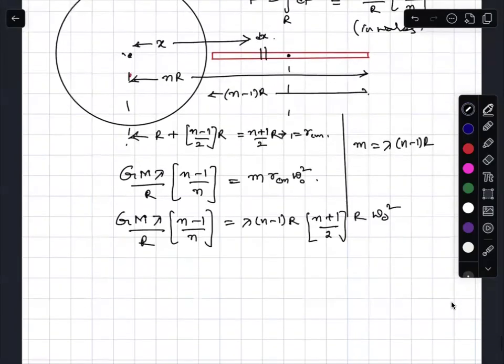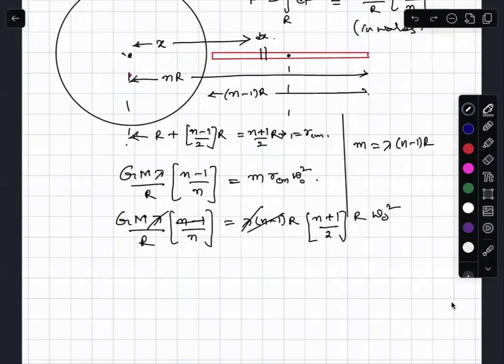Now, do you have any doubt? Lambda (n minus 1) cancels out. Now what is it that you are getting here? R. Don't cancel this. This is R.